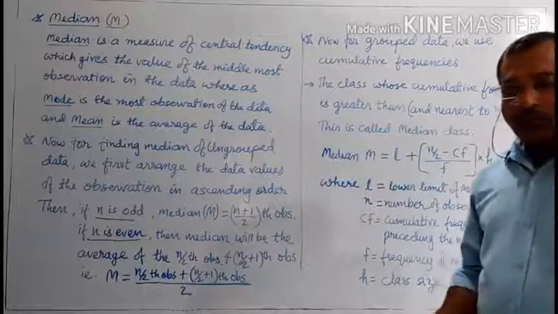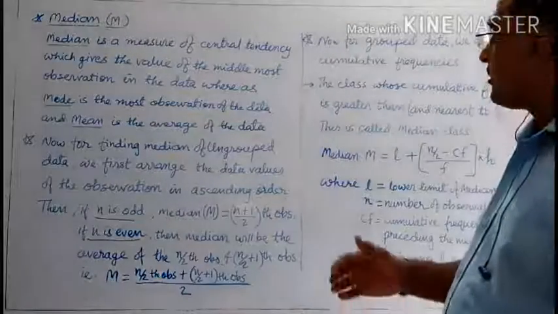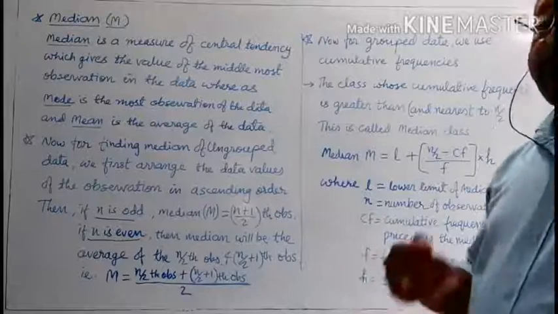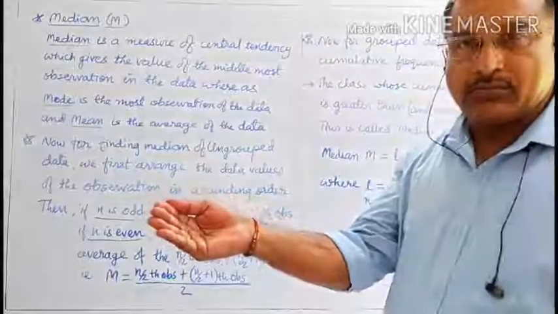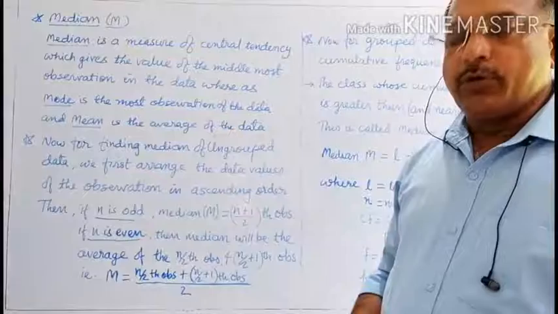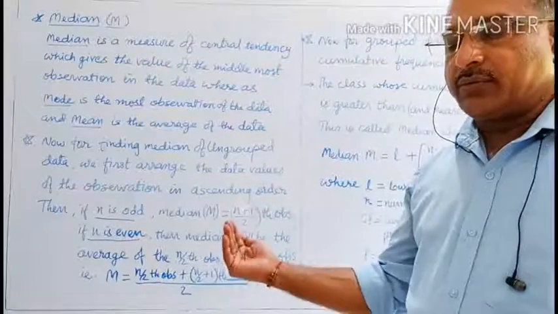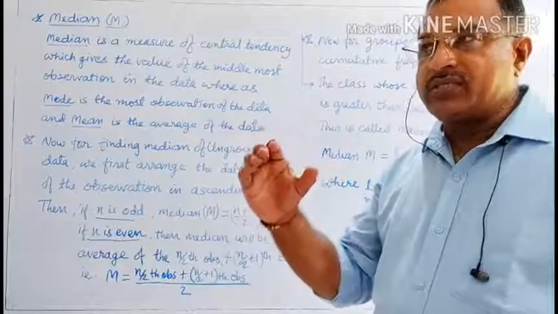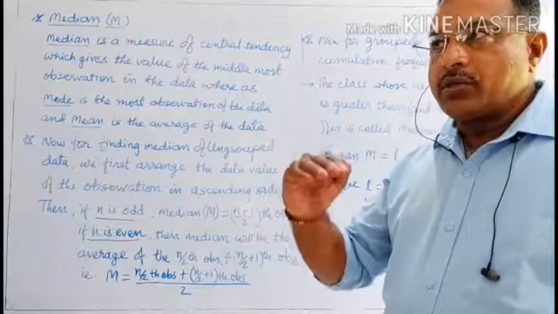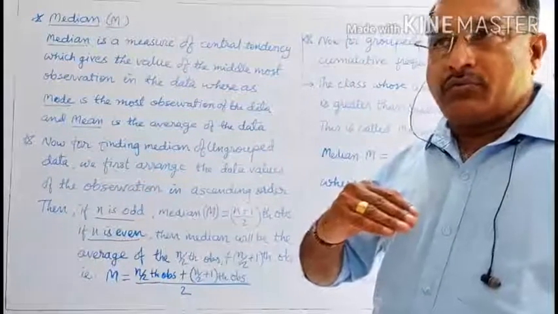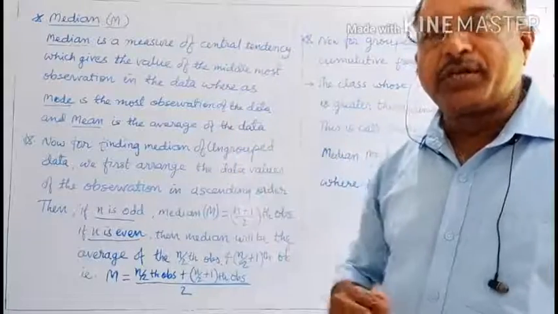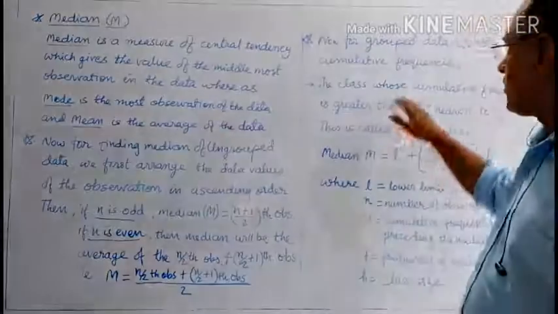That is, by adding the frequencies of all the classes preceding the given class, we get the cumulative frequency. Suppose we take an example, you will come to know. For a particular class, we have to add the frequencies of all the classes previous to that. That is called cumulative frequency.